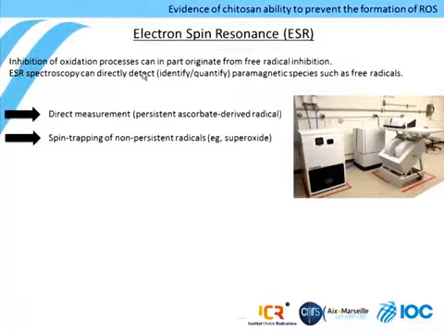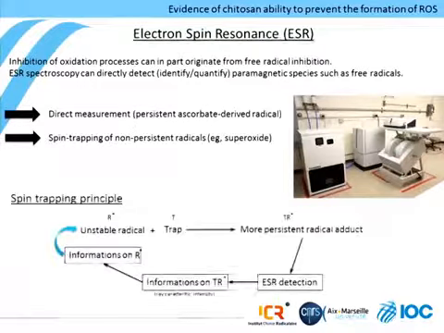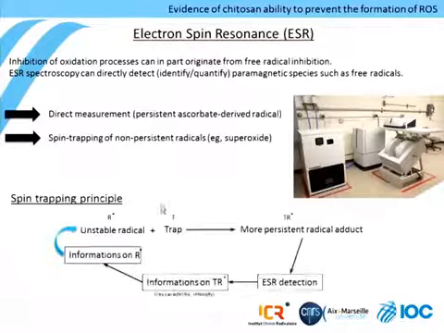We used spectroscopy in order to ascertain that, ESR spectroscopy, and the intent was that of detecting species such as free radicals. This detection was made using EPR methods or using spin spectroscopy. If the radical is not persistent, spin trapping was used.